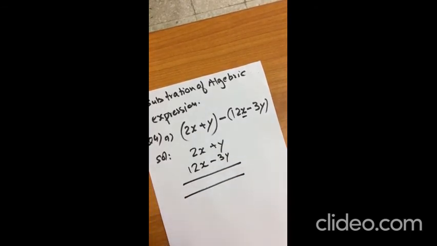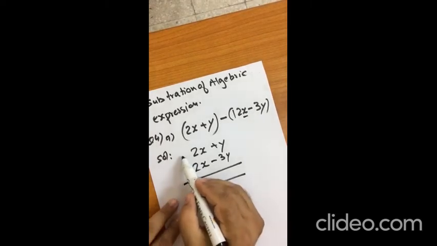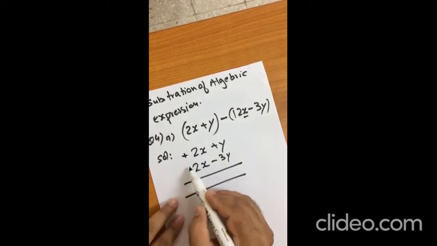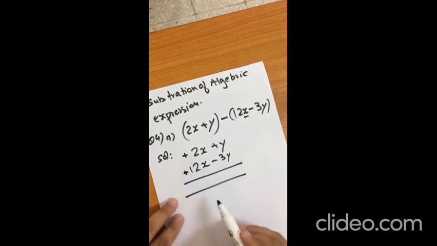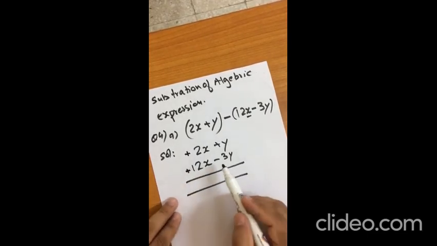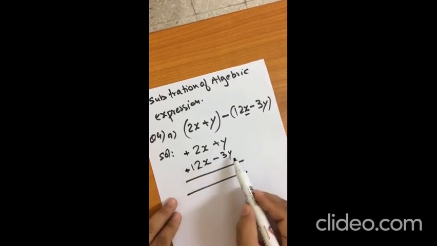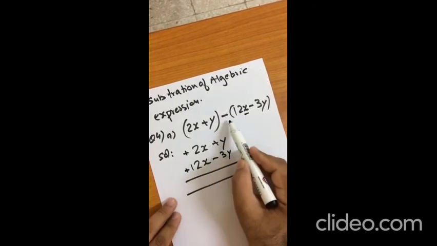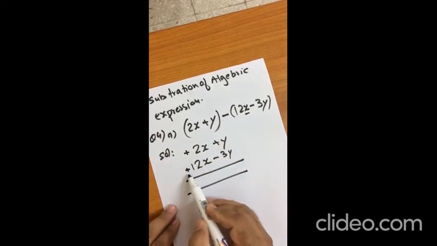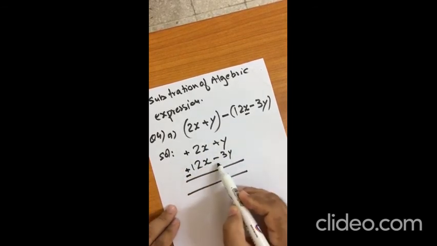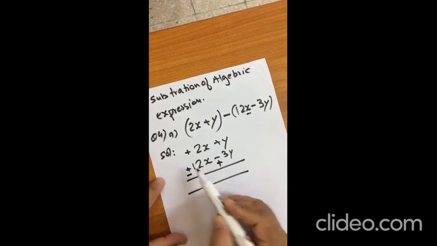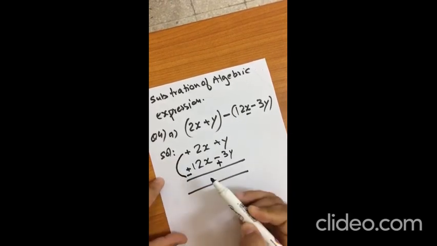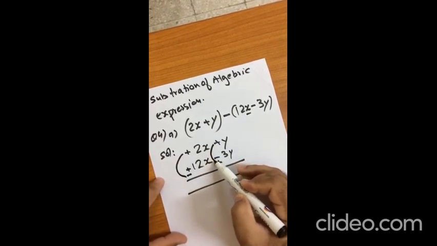Well dear students, here is a change, because we are doing subtraction. As I told you, you put a plus sign because no sign is here, plus sign because no sign here. Then there is a change in the second expression, not in the first expression. If it is plus and you are going to subtract, make the plus sign negative and the negative sign positive. So now you have to deal with plus minus minus, and here plus plus plus.